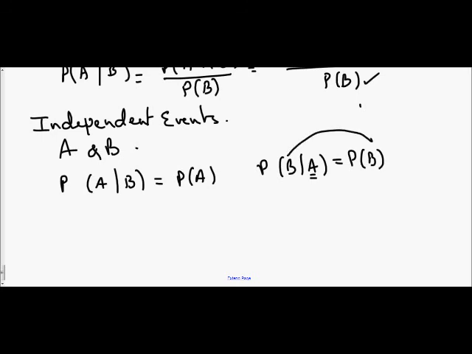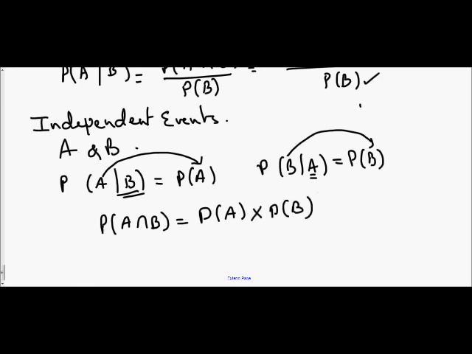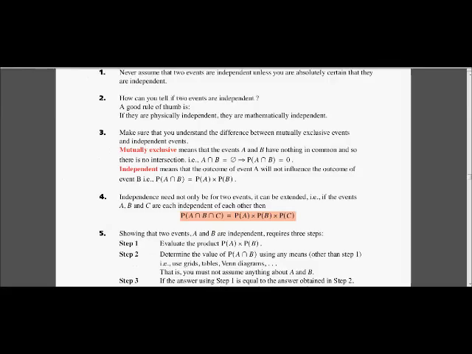It's just P of B, right? The same with A. It's just P of A, whatever happens to B. Combining together, the most commonly used formula for independent events is P of A intersection B is equal to P of A times P of B.